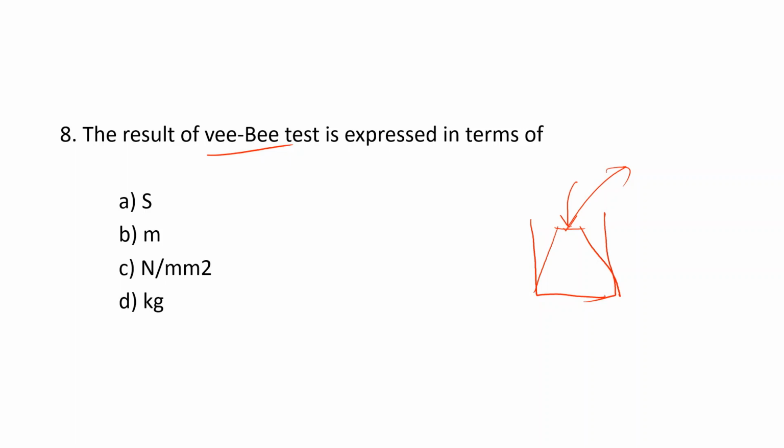The concrete which we filled in this cone will take the shape of the cylinder. How much time it takes to take the shape of the cylinder, that is our measurement. So in the Vee-Bee test, we are measuring in terms of seconds. The unit is very important. So the result of the Vee-Bee test is expressed in seconds.